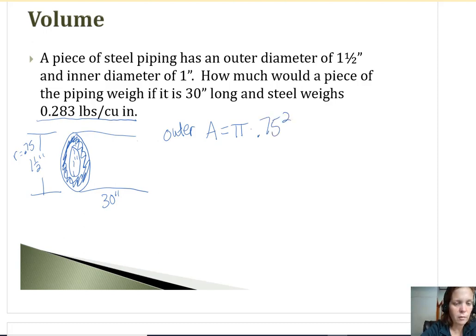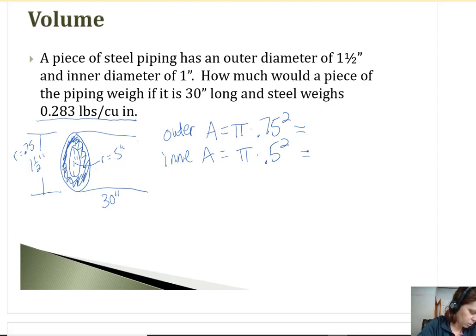I'll take 1.5 divided by 2. And I'm going to subtract the inner area: pi times, well, if it's a 1 inch diameter, radius is going to be 1/2 inch. And I'm not really including units here, but at this point I'm in area, so this is square units.